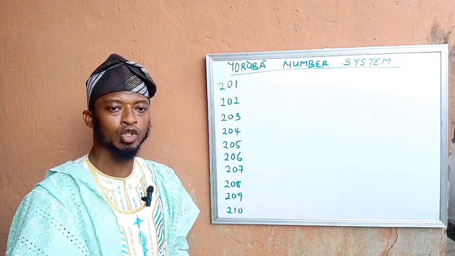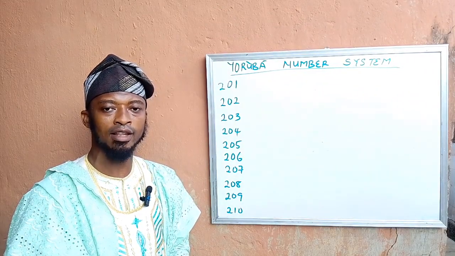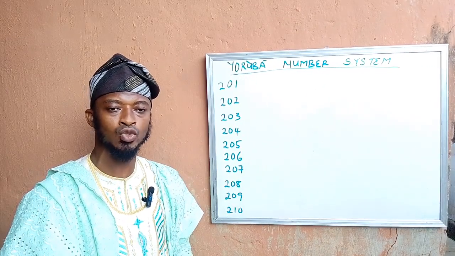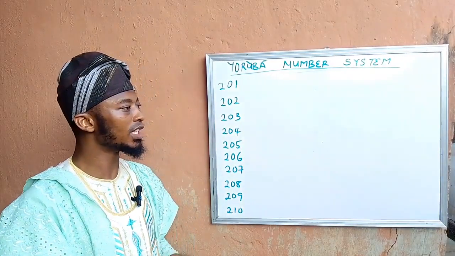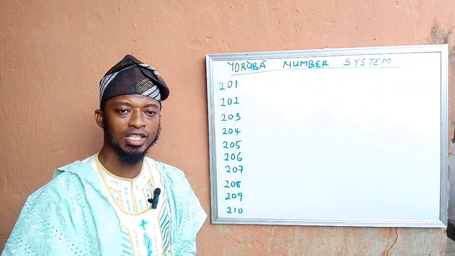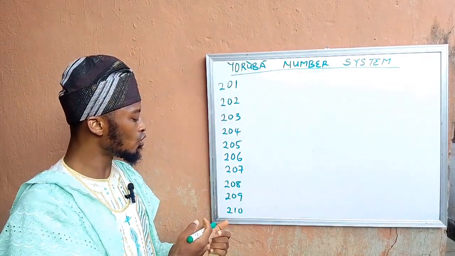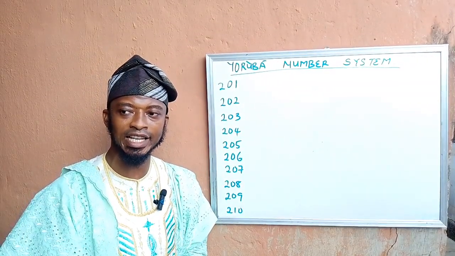In the previous video, we only took the numbers in 20s, from 200 to 300, where we talked about 210, 220, 240, down to 300. But in this lesson, we are going to take a look at numbers 201 to 210.